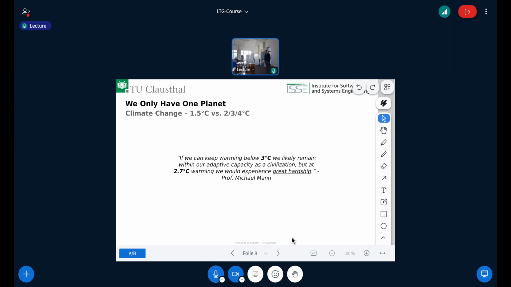We should hopefully get it below 2.7 to avoid the greatest hardship and still have something worth living. So please don't cite this as an indisputable fact. This is an estimate that is available.